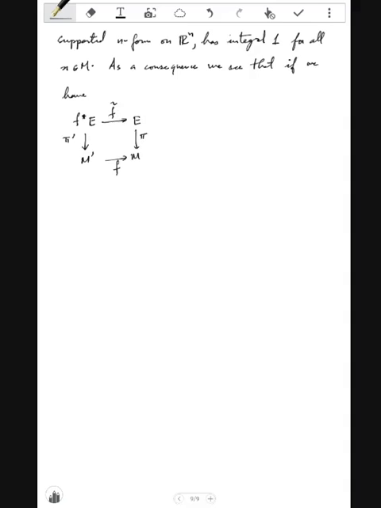Then we get F tilde upper star, and F tilde upper star of phi of E is equal to phi of F upper star E. This is clear.